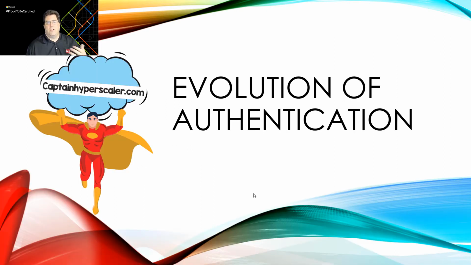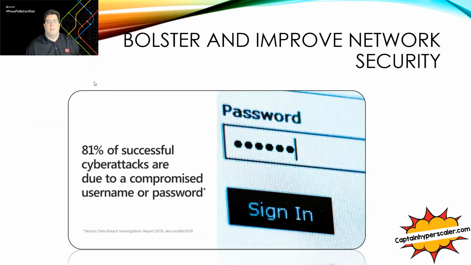So let's start with just talking about the evolution of identity. What we're ultimately trying to do is improve network security and bolster our security. One of the things about passwords is that 81% of successful cyber attacks are due to compromised usernames and passwords. And it's not anything malicious in most cases by the users.